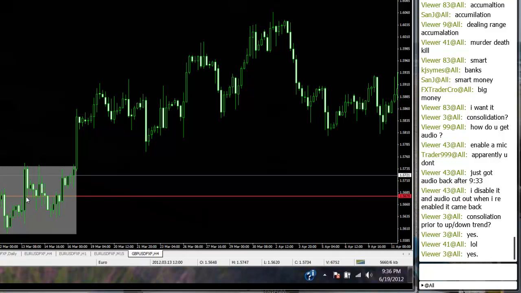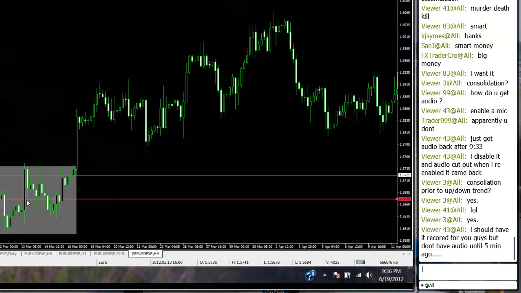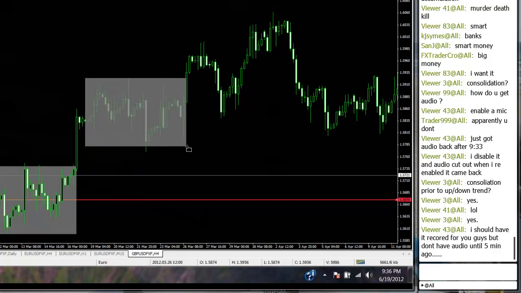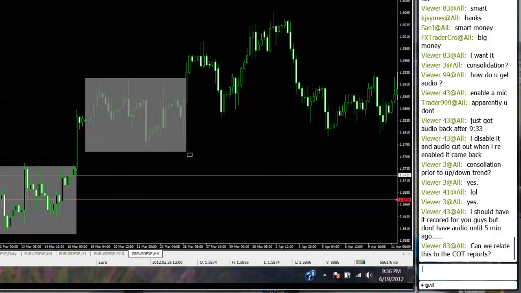Oops, I just moved the line. I didn't want to move that. So now we move into another consolidation.